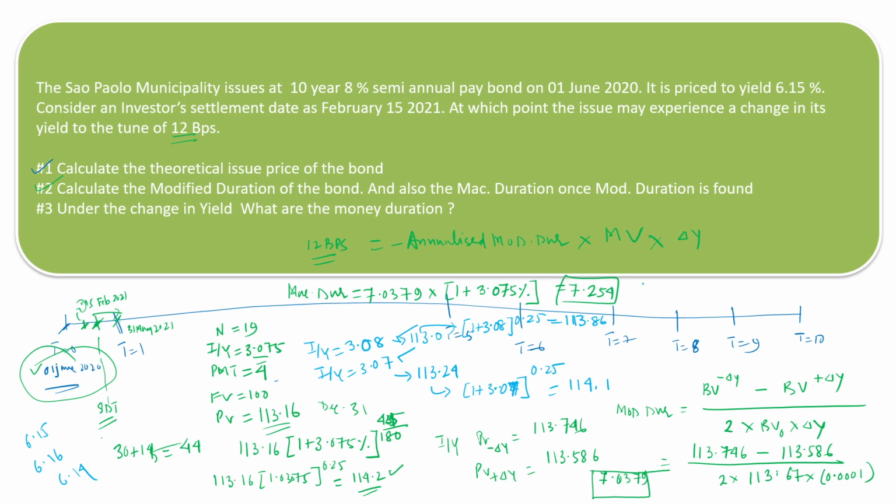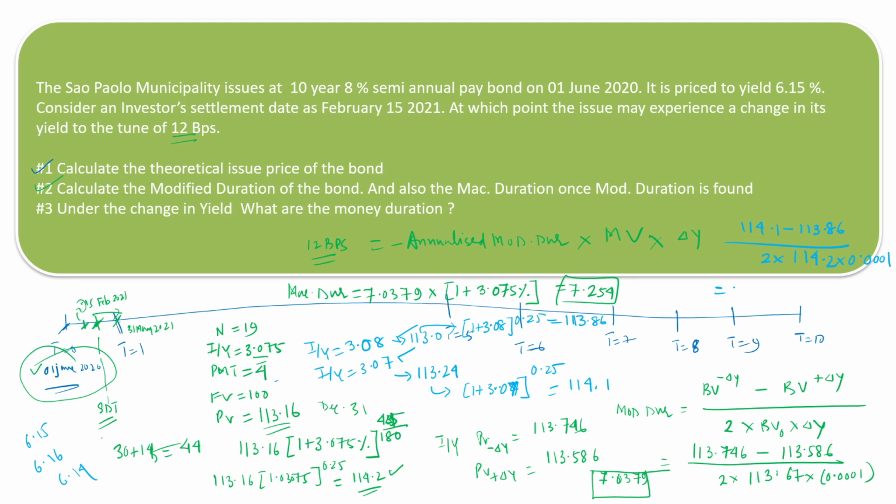So in this case, the modified duration as on February 15, 2021, becomes 114.1 minus 113.86, divided by 2 into 114.2 into 0.0001.